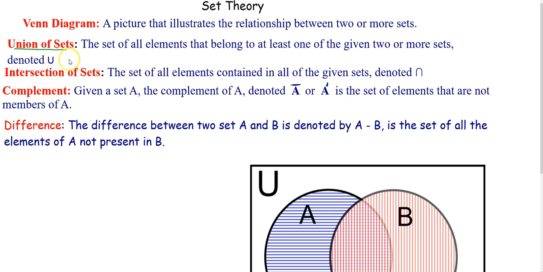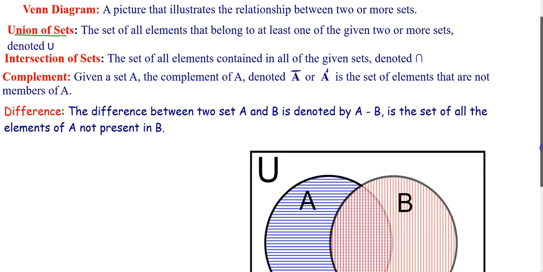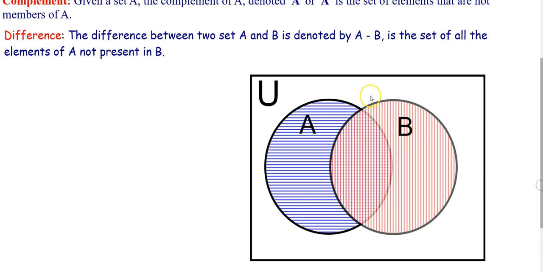Okay, the union of sets is the set of all elements that belong to at least one of the given two or more sets, and it is denoted by a capital U. So the union of those two sets A and B is this whole shaded region. In this case, set A contains the blue colored horizontal lines.